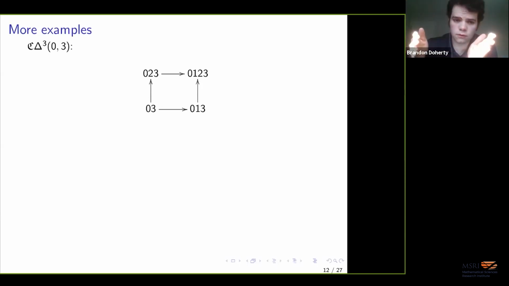So this is an illustration of the cubical mapping space from 0 to 3 in C delta 3. This is a 2 cube, where the initial vertex is 0, 3. The terminal vertex is the maximal path, 0, 1, 2, 3. And then the two intermediate vertices are the intermediate paths between these.